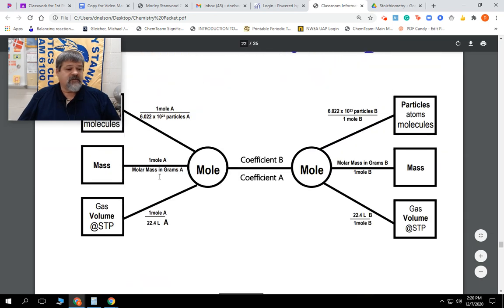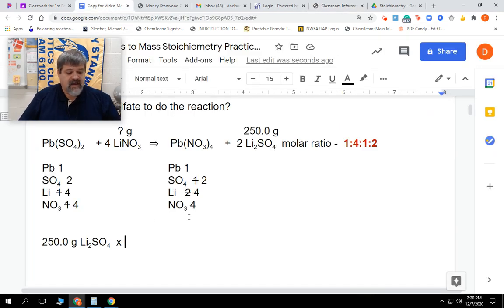Okay, so we put moles on top and our molar mass on bottom in grams. So we're going to put moles on top. 1 mole of lithium sulfate equals the molar mass of 1 mole of this. So 1 mole equals the weight of those together.